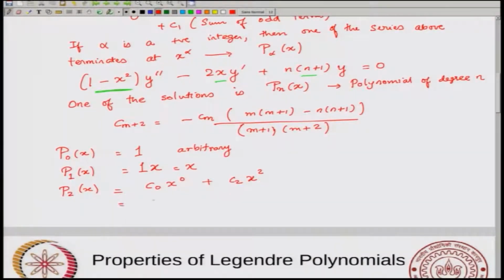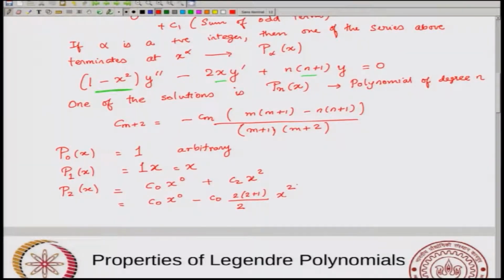So, we have C 0 x power 0. Now, C 2 I can write as minus C 0 into alpha plus 1 by 2. But alpha is nothing but n, and n is equal to 2. So, I have 2 into 2 plus 1 divided by 2, and this multiplies x square.